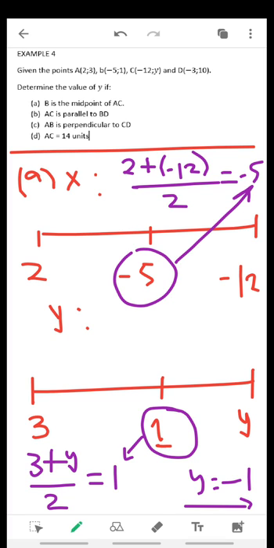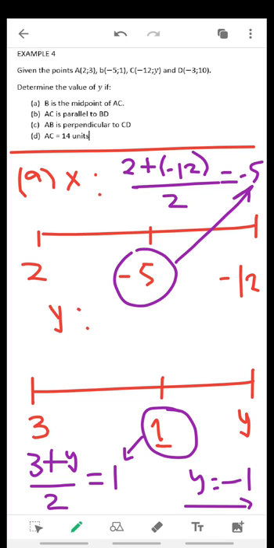Minus 5. That means for us to find the x or the y coordinate of the midpoint, we have to take the x as well as the y values of the 2 points which the midpoint is lying between.